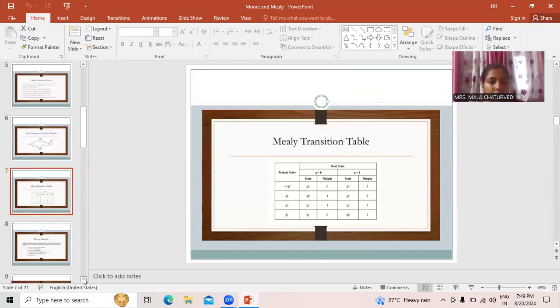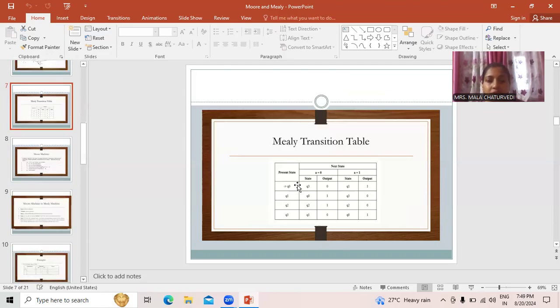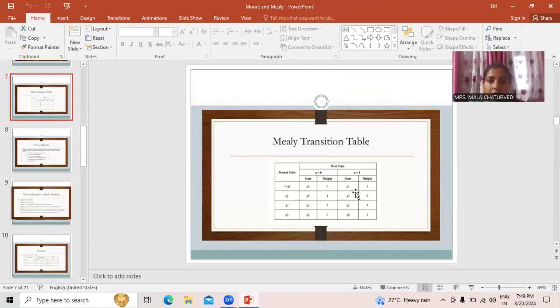And now the Moore machine table, which gives the present state, the number of states, and the next state for the input alphabets, that is 0 and 1. And finally, the output, which is directly dependent on the state.